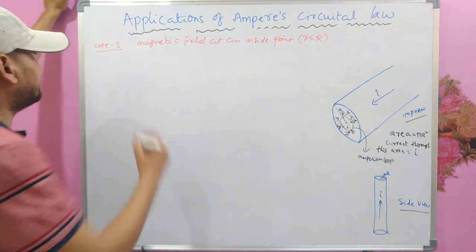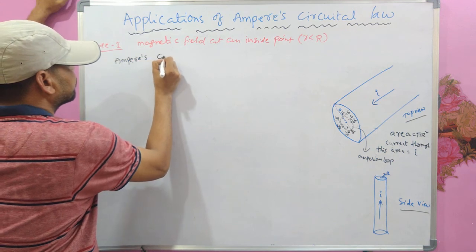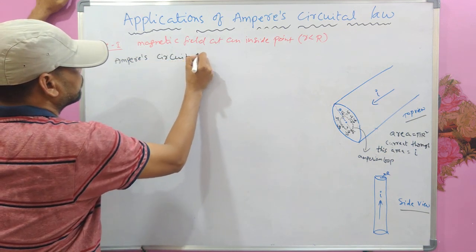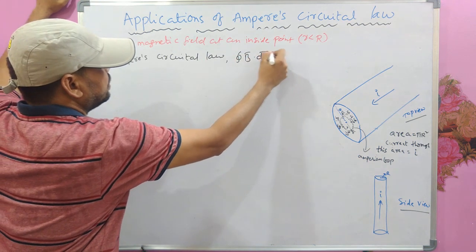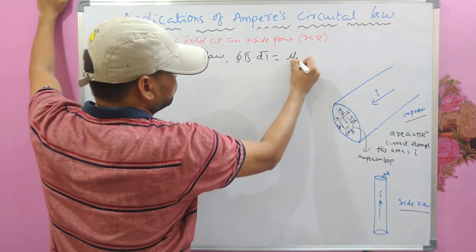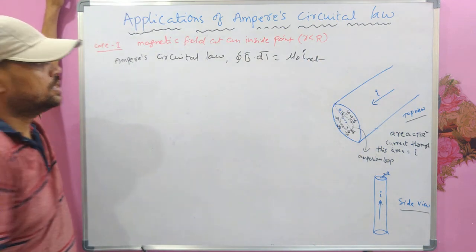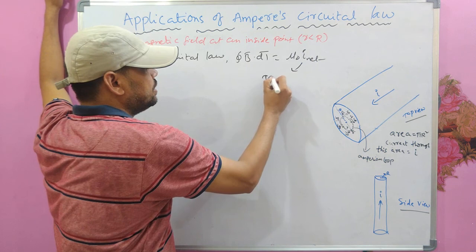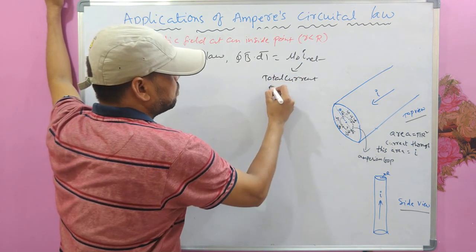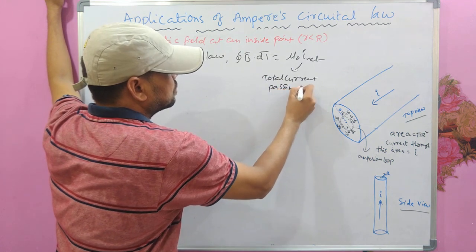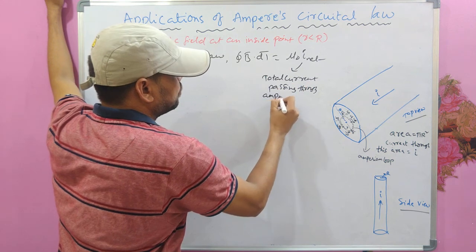Okay, so what is Ampere circuital law? Integral B dot dl equal to mu naught I net. This is the total current passing through the Amperian loop.